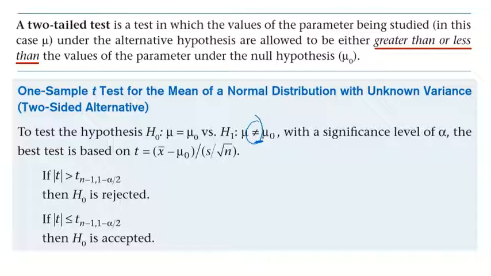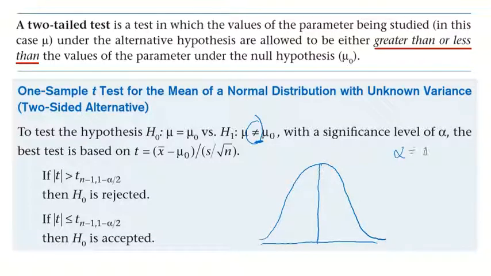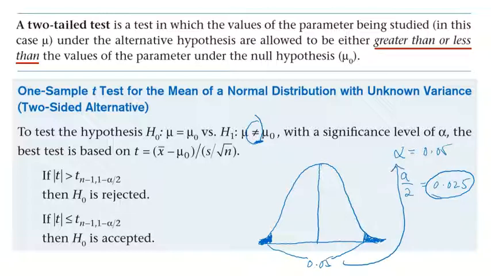If you have an alpha of 0.05, you divide that into alpha over 2, 0.025, and on both sides of your t distribution you shade the rejection regions of 0.025. If we add both, they still total 0.05, your original alpha. So this is a two-tailed test.